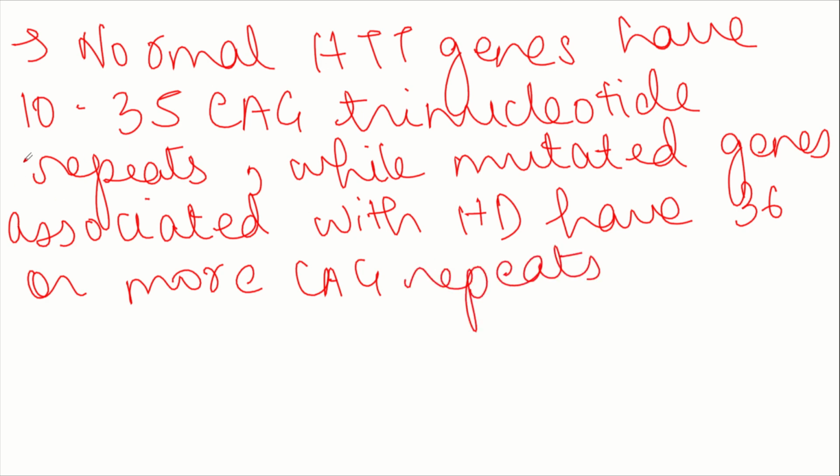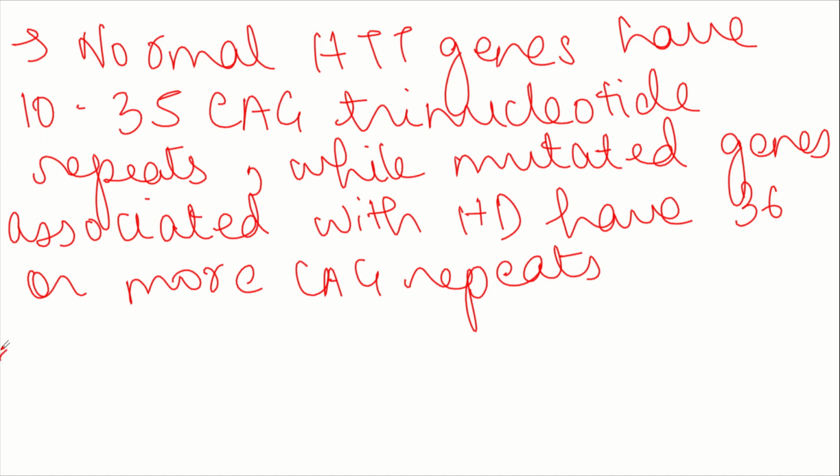So we can say that there is a substantial increase of CAG trinucleotide repeats in the diseased gene, whereas there are only 10 to 35 CAG trinucleotides in normal HTT genes.